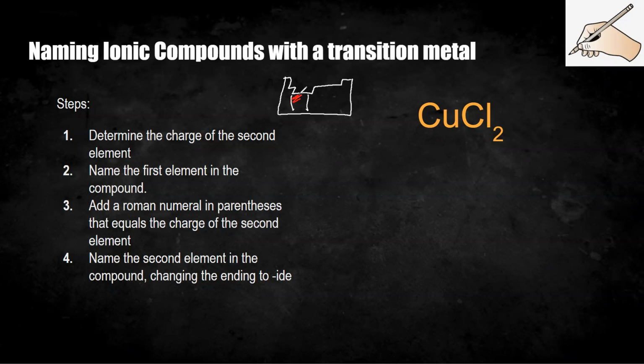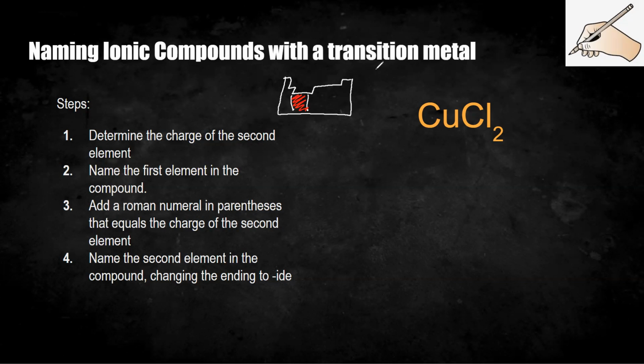Here are all our transition metals. They lie in between the alkali metals and alkaline earth metals over here, and the non-metals and the metalloids. When we have a transition metal, the first step is to determine the charge of the second element. Our second element in this compound is chlorine.